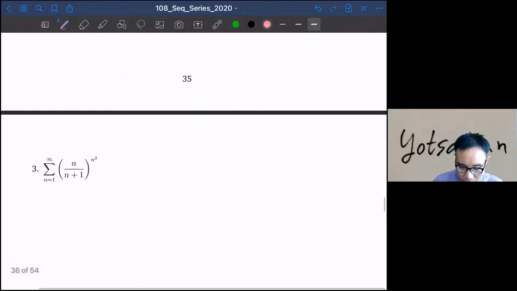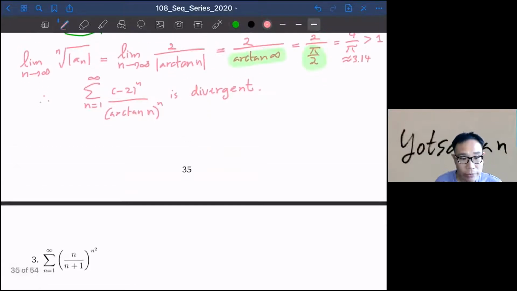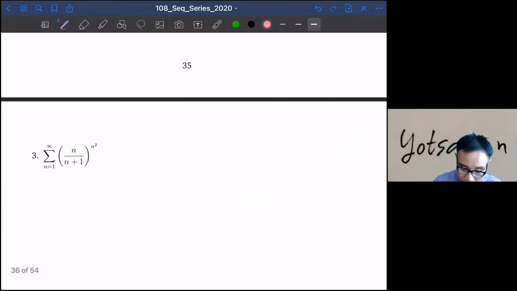The next one, you have the series n equal to 1 to infinity of (n over n plus 1) to the n squared. For this one, you just identify your a_n. So this is my a_n.